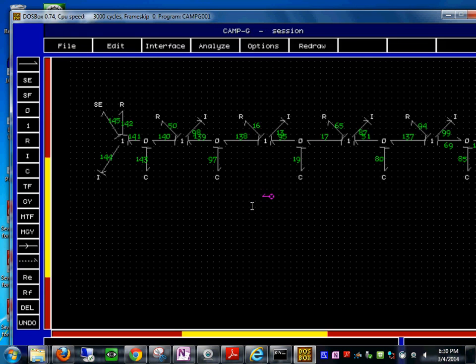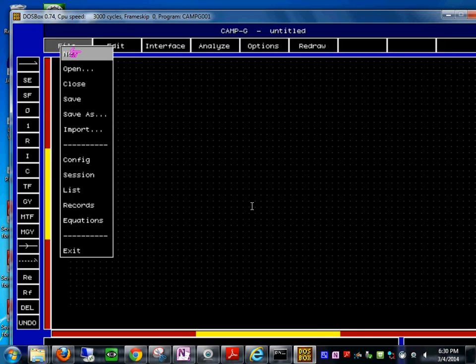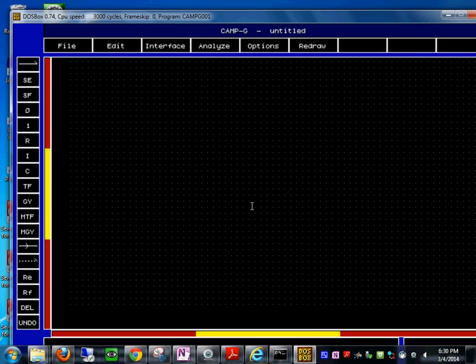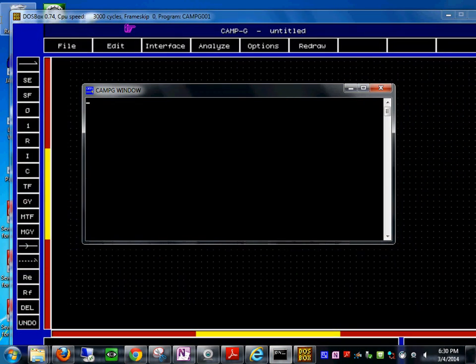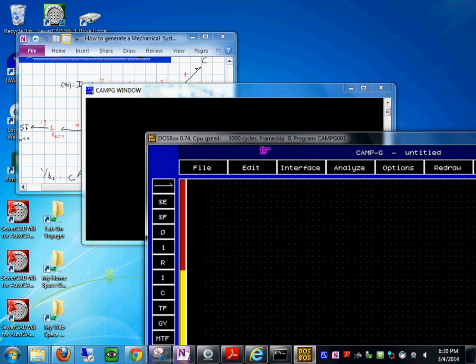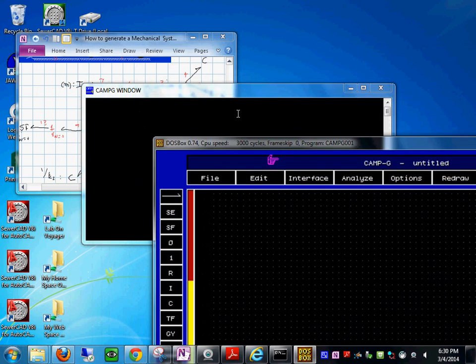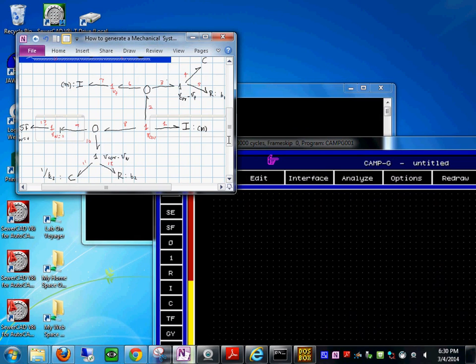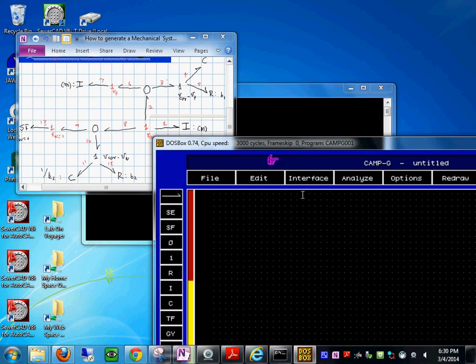So I am going to click on new because we need to do a new model, and then maybe we'll move the window a little bit so that we are able to leave some room for the model here. There we go. And then we have this one over here.